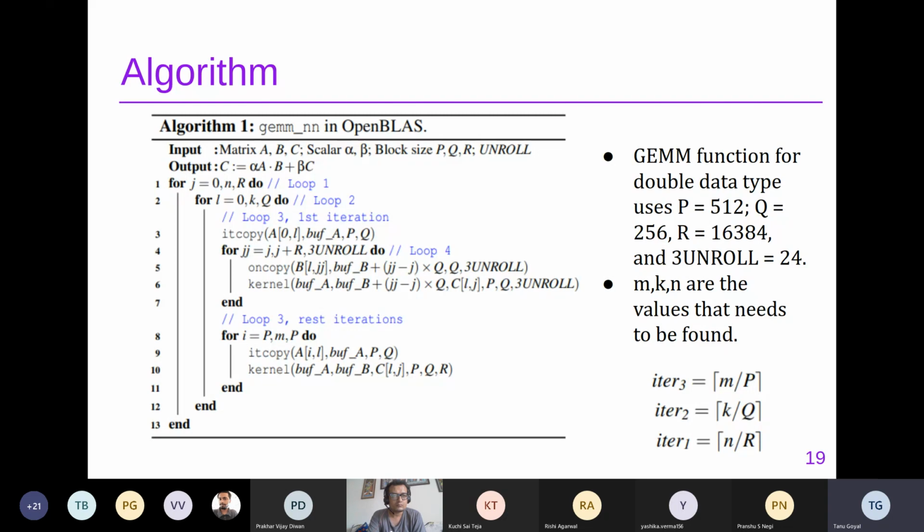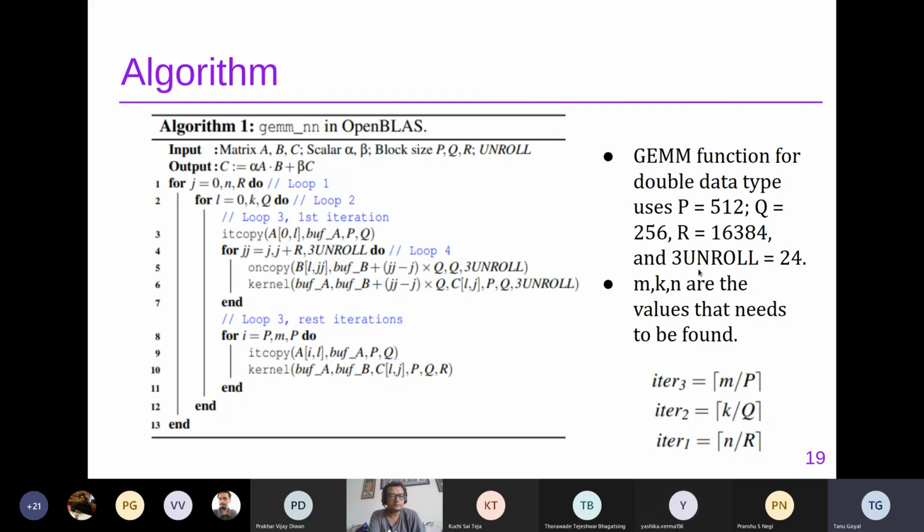I didn't go through the algorithm end to end, but based on what I have read, they chose these P, Q, R values such that the matrix multiplication is highly optimized for the multi-level cache hierarchy. That's how they got these values.